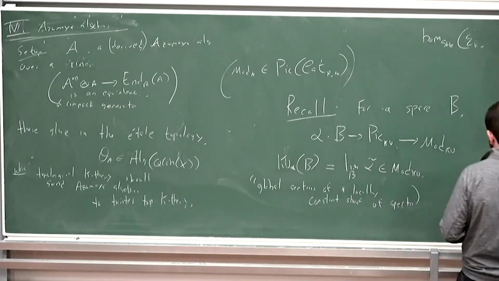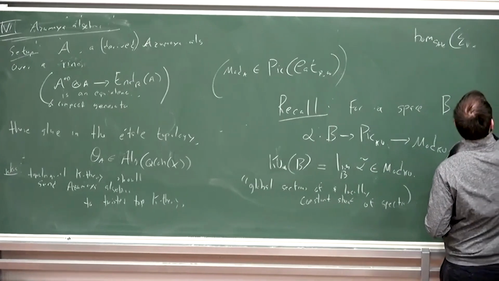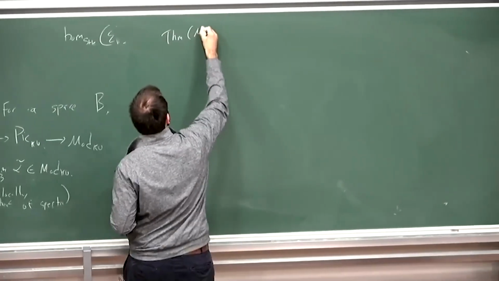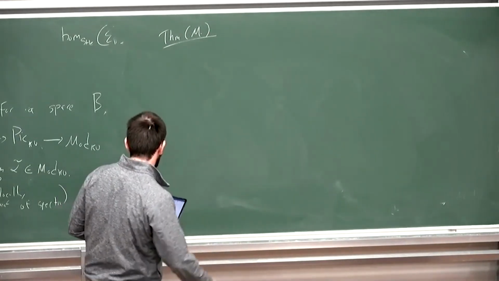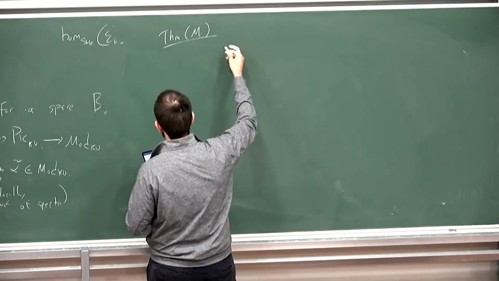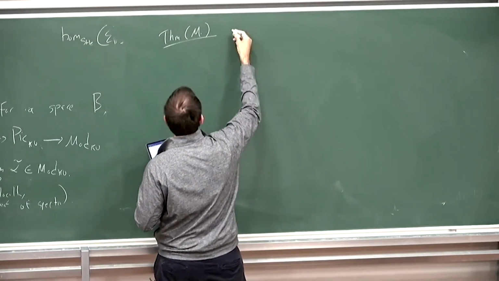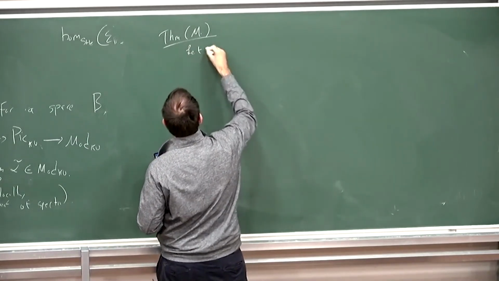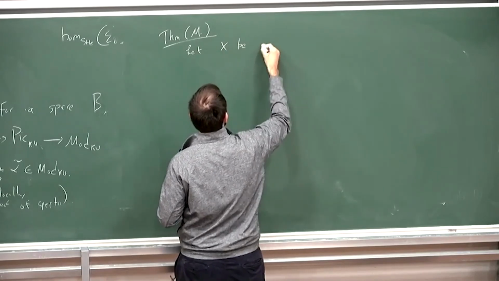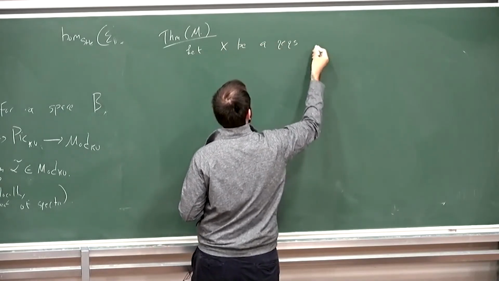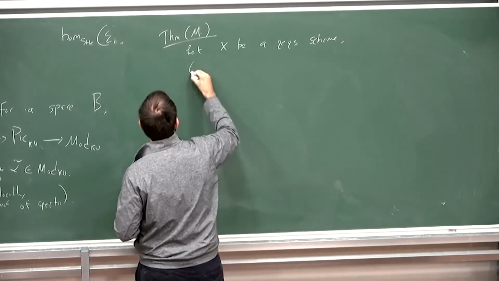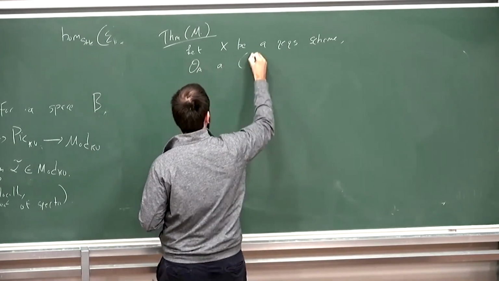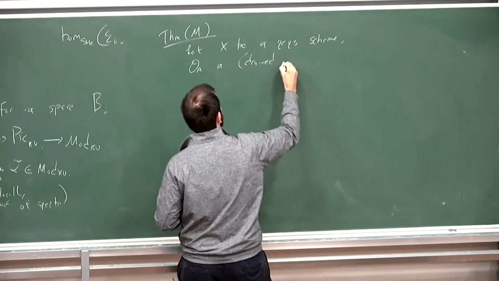All right, so the statement is the following. Let X be... and then O_A, again, it could be a derived Azumaya algebra.